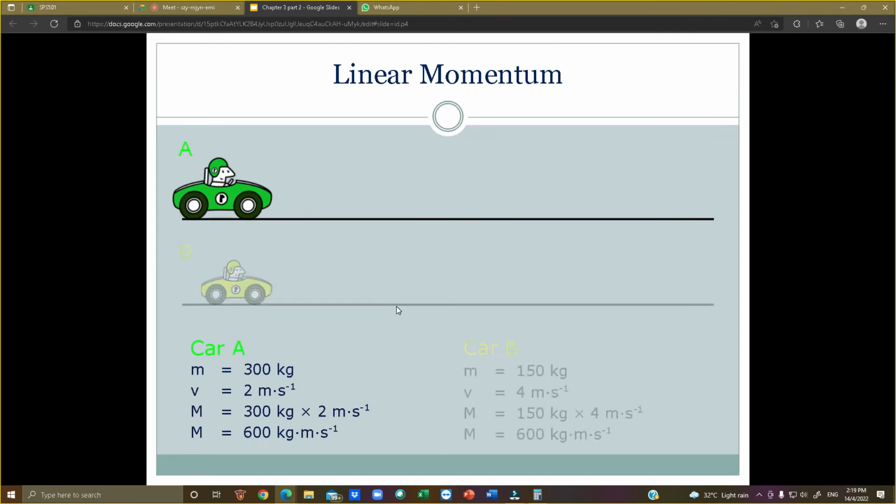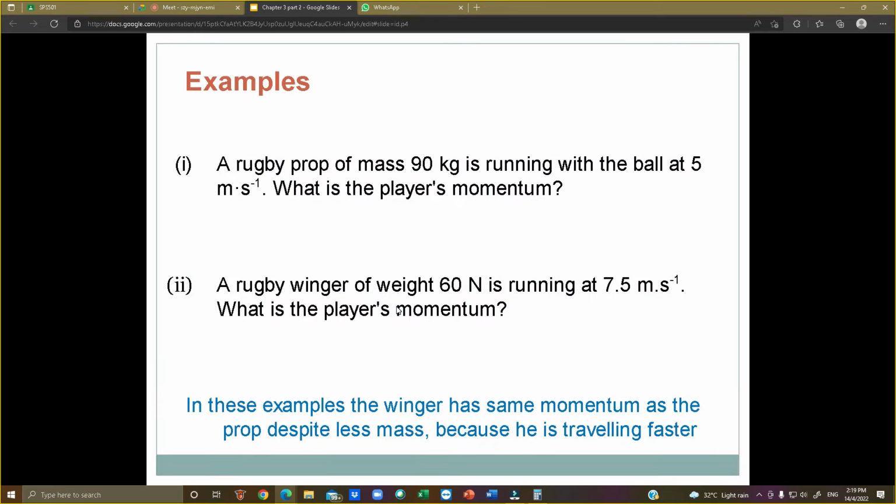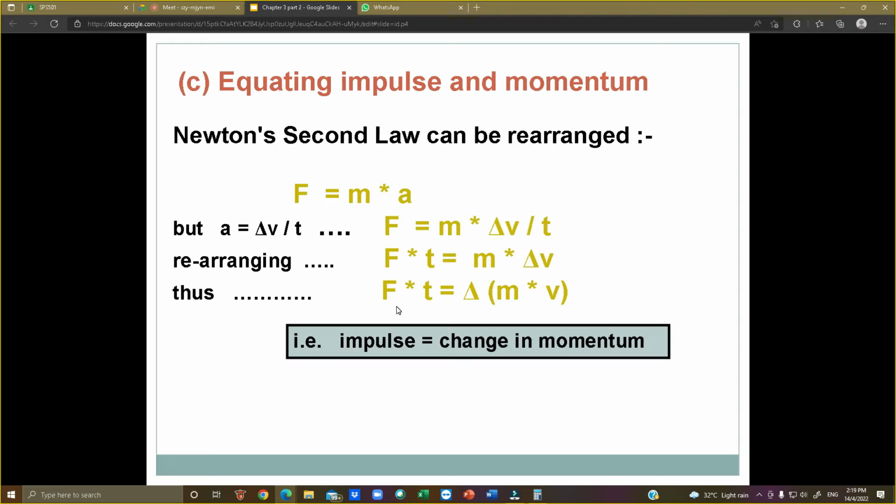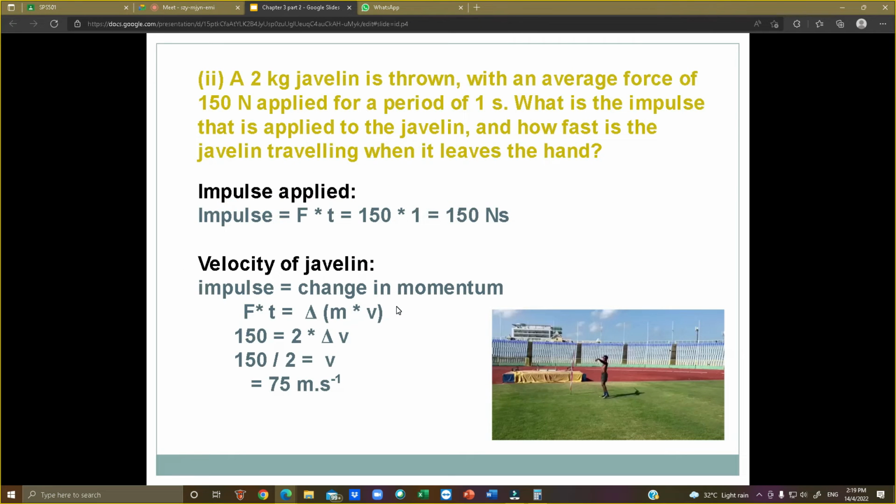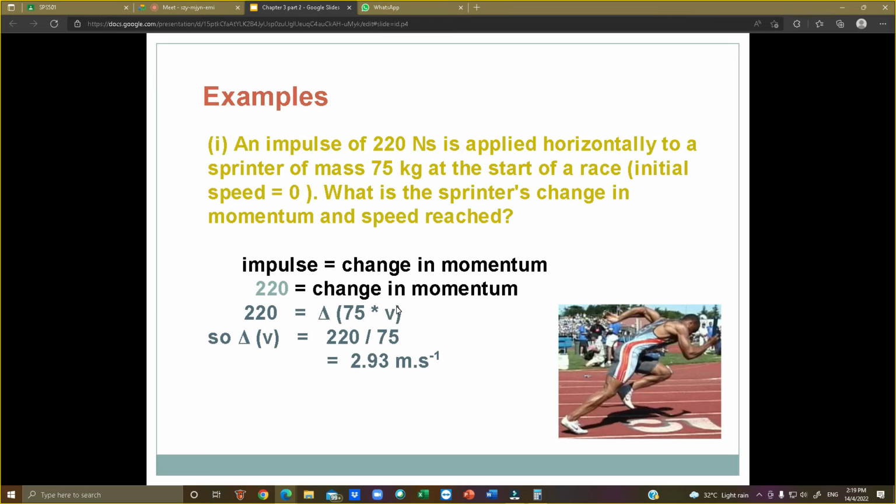Okay, this is momentum. Momentum kita dah settle ini. Okay, this one is impulse momentum theorem. We have done this one. Ini contoh dia. Impulse equals to change in momentum. What is the sprinter change in momentum and speed reach? Basically dia nak kita cari momentum je lah kat situ.